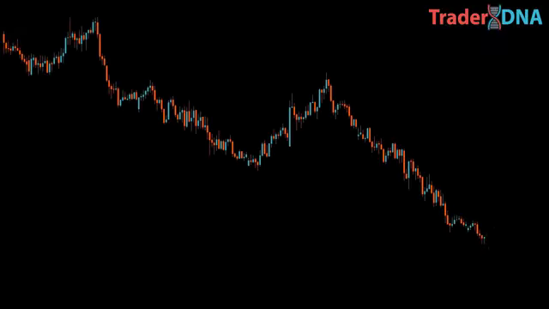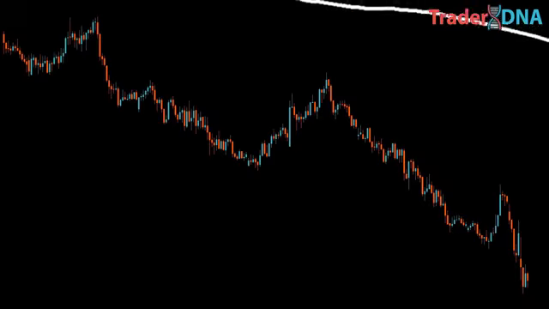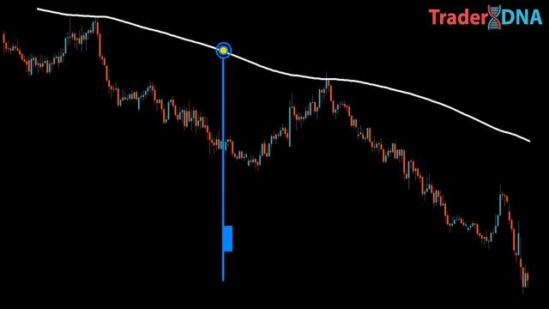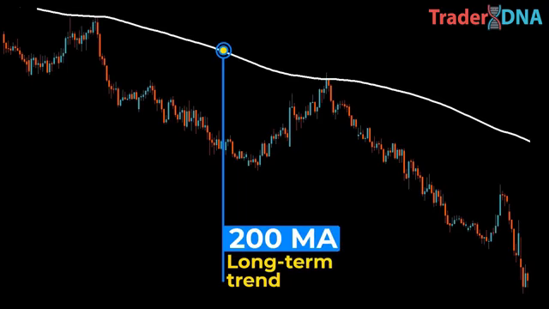Different types of moving averages are used to analyze different trends in the market. For instance, a 200-period moving average is typically used to identify the long-term trend of an asset or market. It smooths out the price action over a longer period, giving us a better understanding of the overall direction the market is moving.